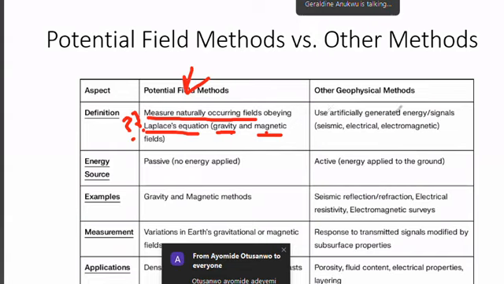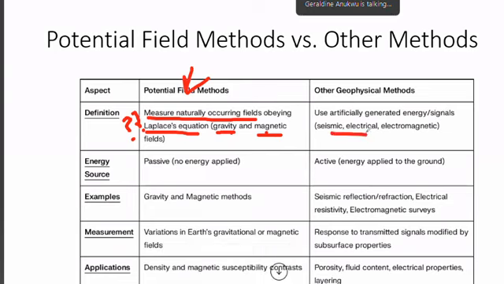Here they use generally artificially generated energy signals. Just like I told you also, some of the seismic, electrical, and electromagnetic methods are not natural, they are artificially generated. However, because they do not obey Laplace's equation, we cannot consider them as potential field methods. So the energy source for potential field measurement is passive, while for other geophysical methods, you can have both active and passive. But for potential field, it is passive.